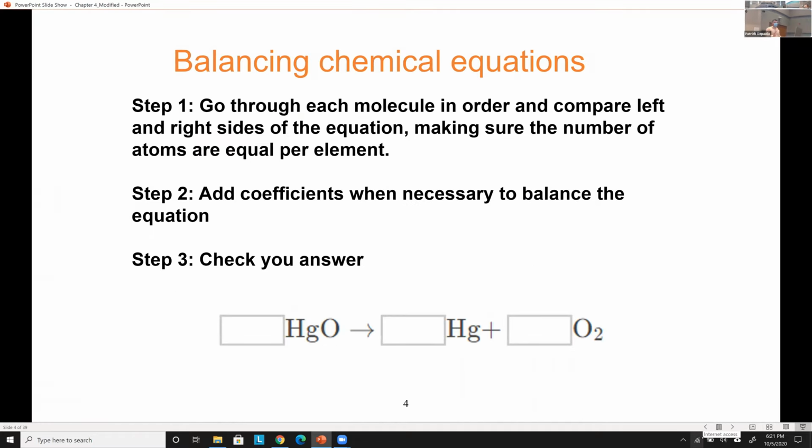The easiest way, now that we're getting into balancing and how to put these coefficients into the correct place. I made a very concise video last summer going over in detail how to balance what I call 4 types of equations, but now I'm thinking about it, I think there's only 3.